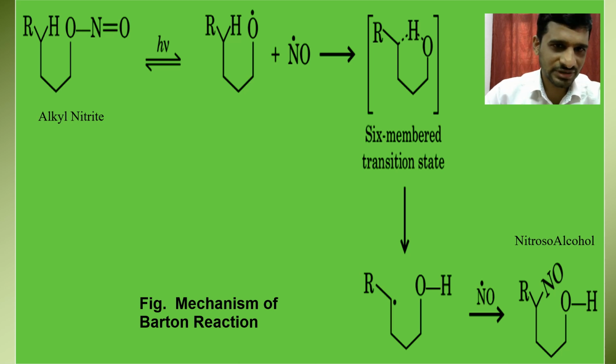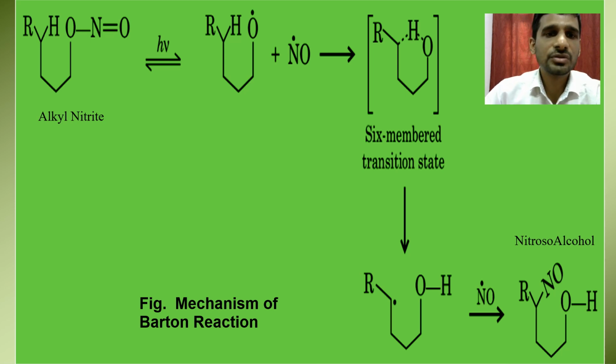Now this alkoxy free radical can form a 6-membered cyclic transition state in which you can see that this carbon hydrogen bond is getting diminished. It is under the process of dissociation, and this hydrogen oxygen bond is in the process of formation.